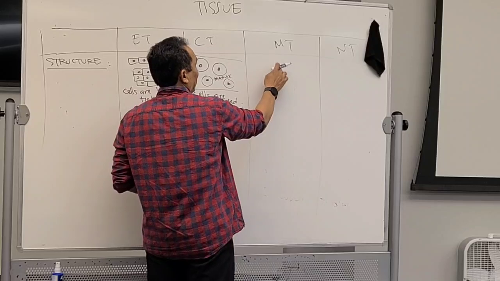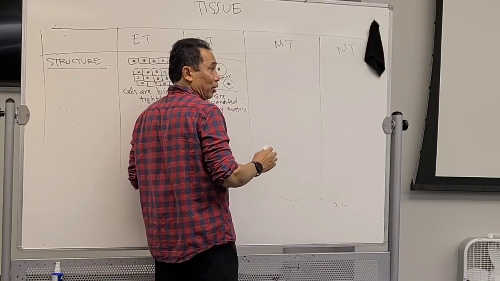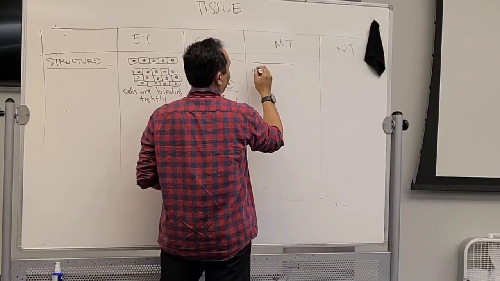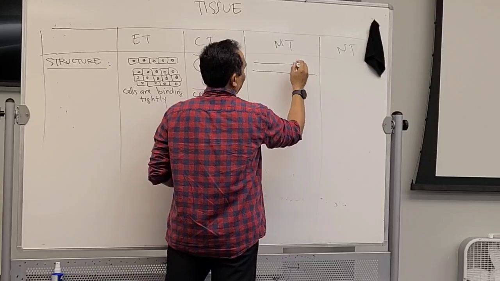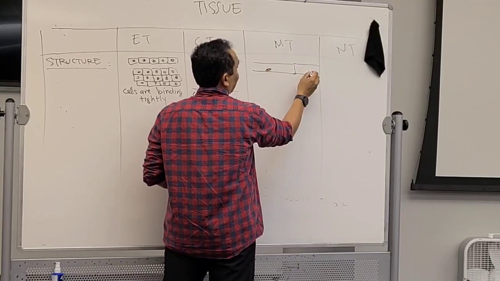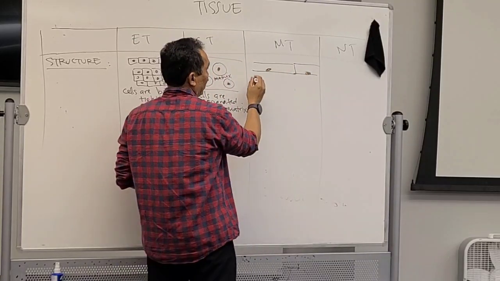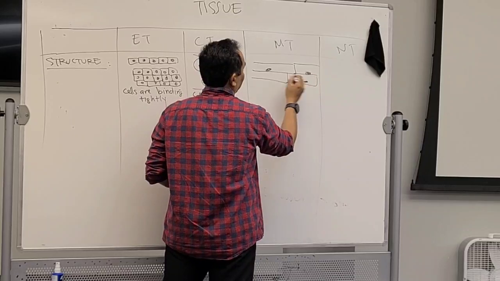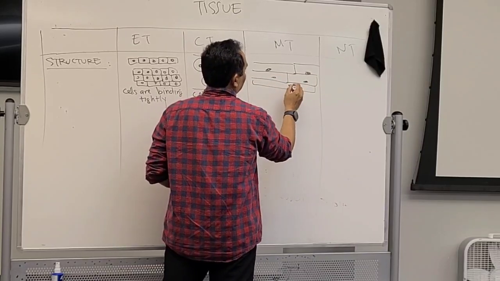Muscle tissue is going to consist of long, elongated cells. They bind to one another, but the cells are very long. This is another cell over here, a long cell.